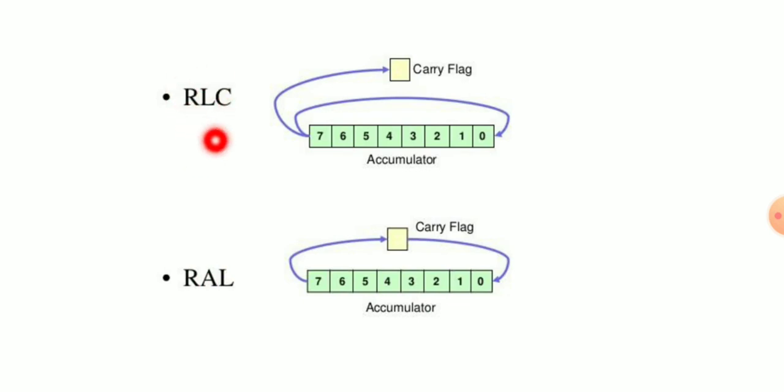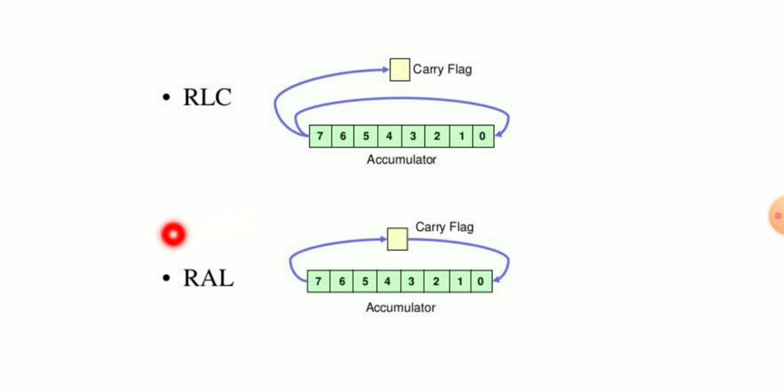In RLC, bit D7 is shifted to D0 as well as to the carry flag, and D0 is shifted to D1, D1 to D2, D2 to D3, D3 to D4, D4 to D5, D5 to D6, and D6 to D7. It is a rotation left by one bit.